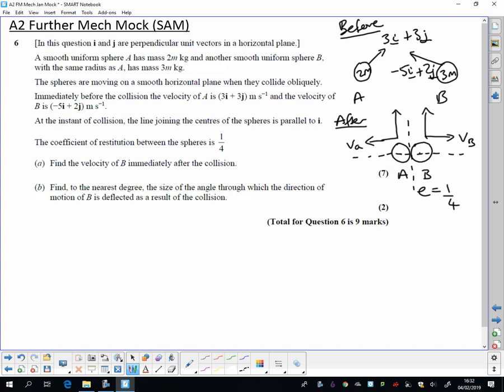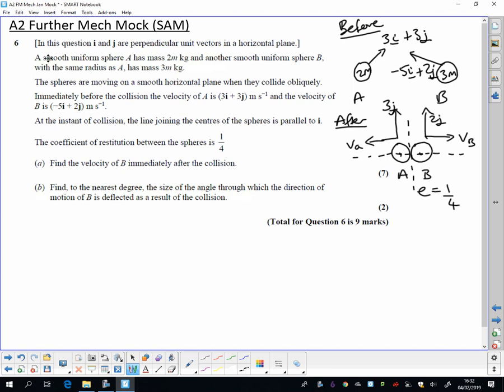The reason for this is that if I split it up, then in the direction perpendicular to the line through the centres of the spheres, there is going to be no change in the velocity component in that direction. So straight away I know that that's going to be 3j and that one's going to be 2j.